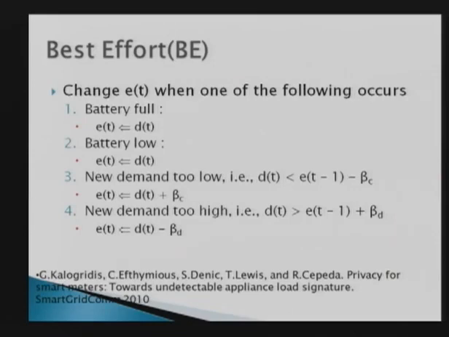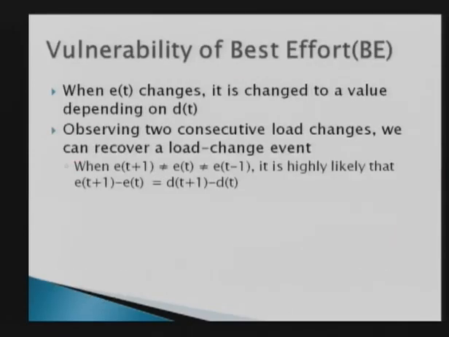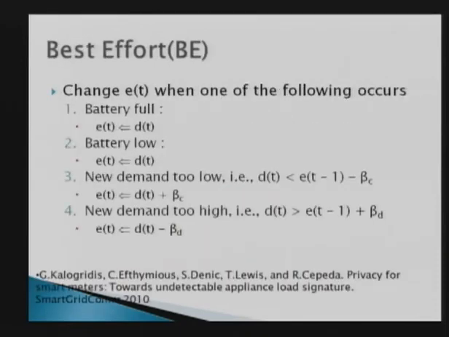It seems to be good, but we can still recover the load change events from this algorithm. The reason, as we can see from these slides, is that no matter how we change it, it is always highly related to the actual demand load. It is either equal to dt, or dt plus or minus beta c or beta d.